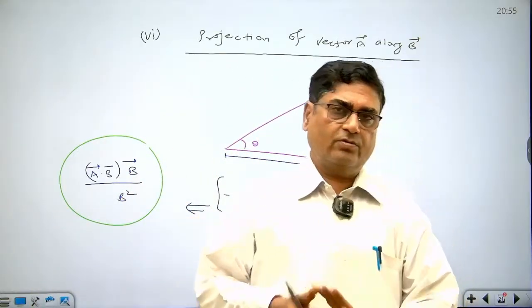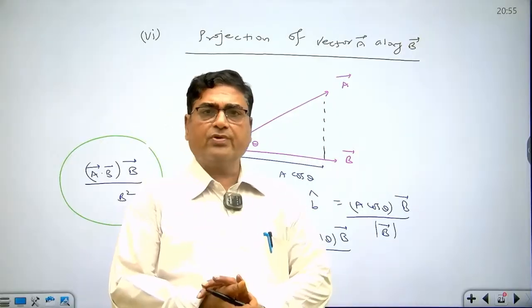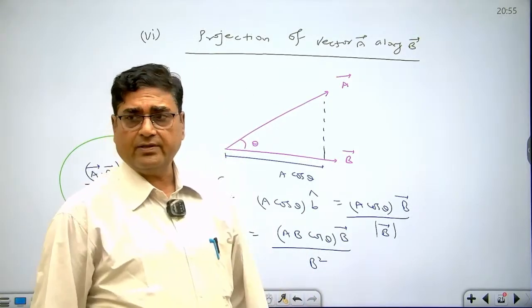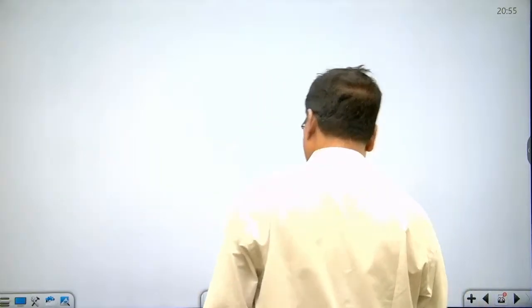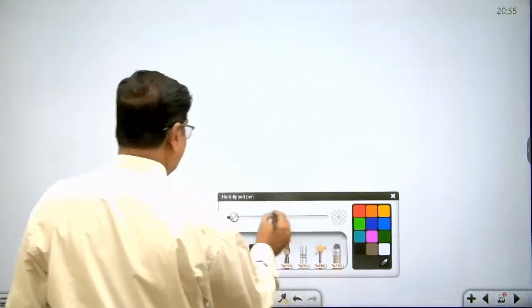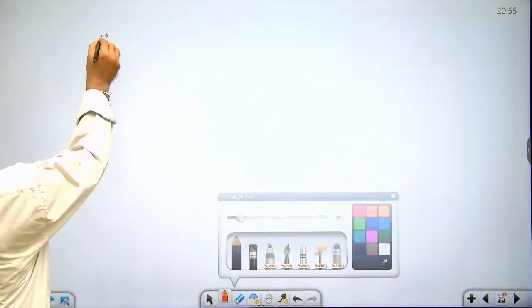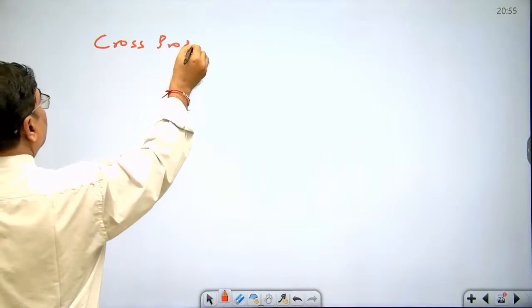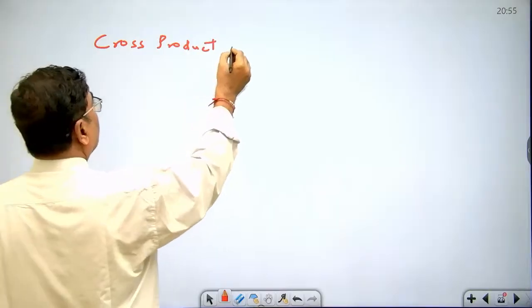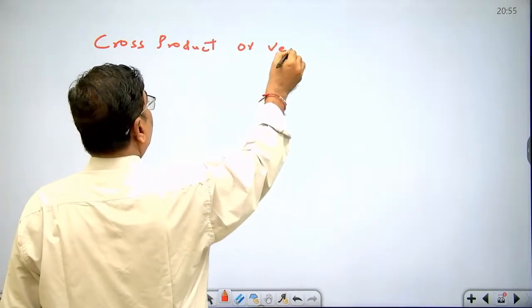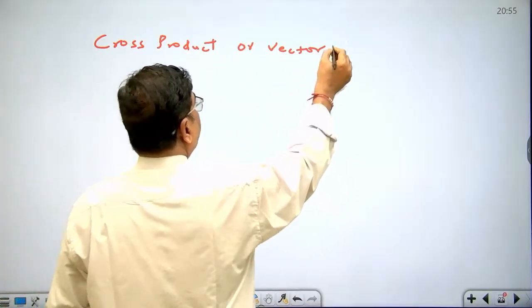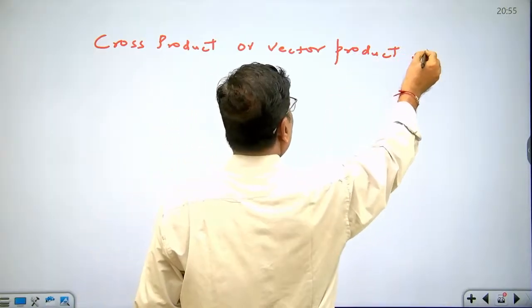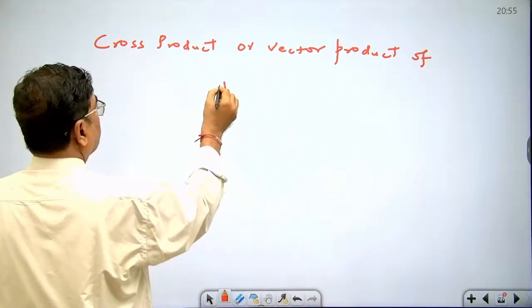Okay. Understood. Now, dear students, we will be looking at the cross product or vector product of two vectors.